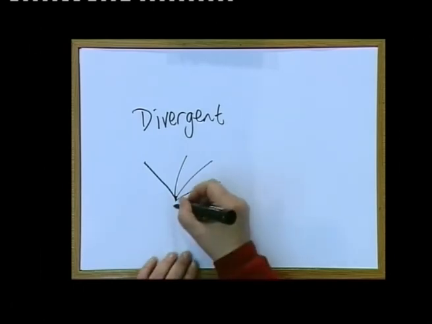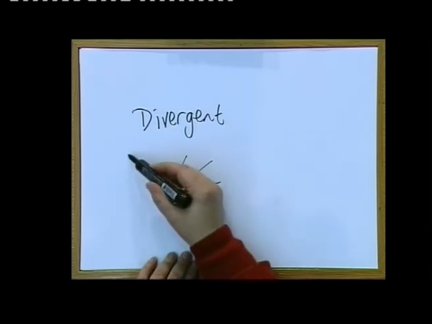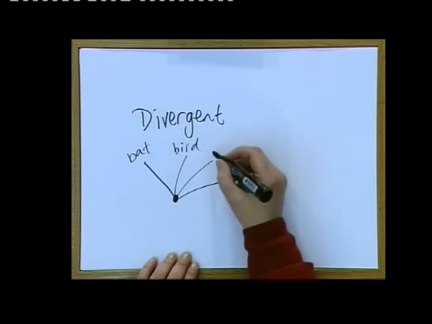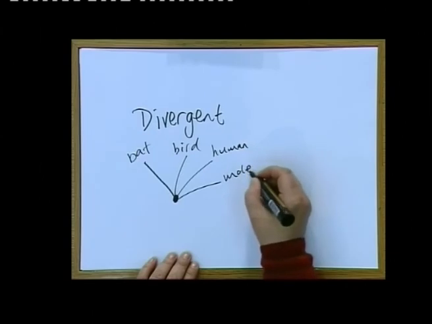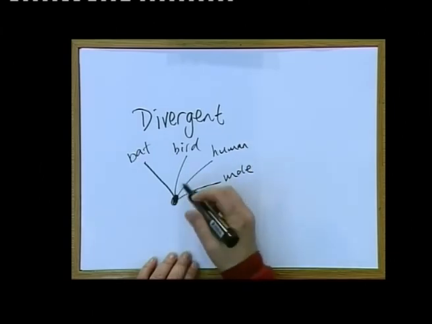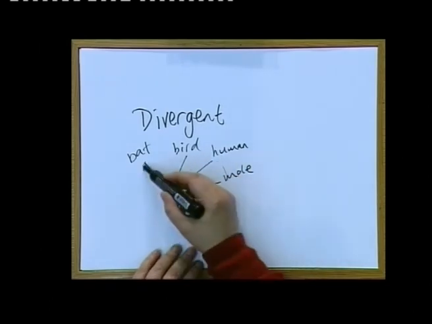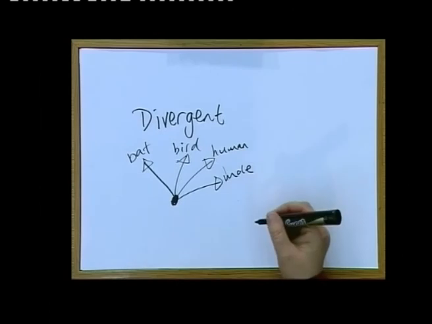For instance, we have our common ancestor with the basic structure of the limb, and we've got the bat and the bird and let's say the human and a mole, each with the same basic structure, but because of different needs and environmental conditions, the evolution of that limb went into different directions.